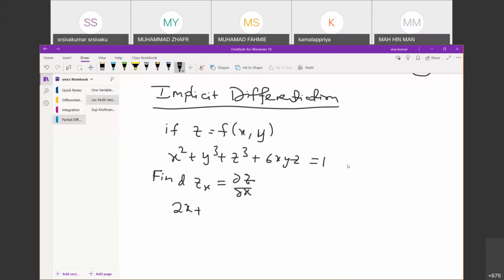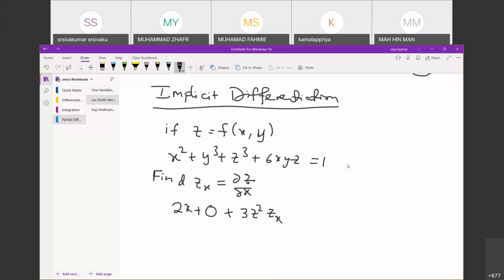Where the term is a constant, I get 0. For the z cubed term, differentiate: 3z squared times zx. Hopefully you can follow.